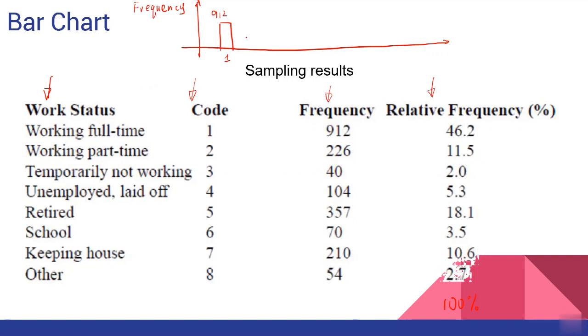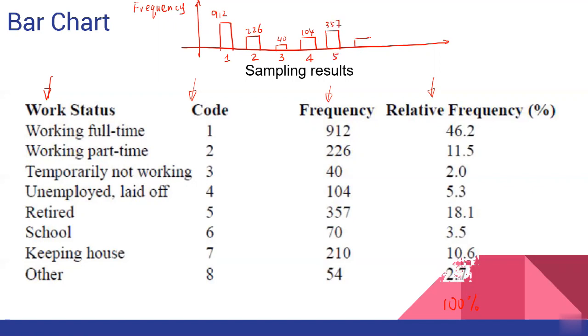Okay, next we have 226. This is coded as 2. Next we have 40, code 3. Next we have 104, which is code 4. Next we have 357, code 5.